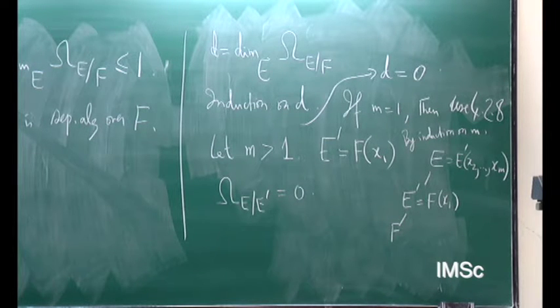So what I am assuming is that this is 0, and I am trying to prove that E is separable algebraic over F. This is what we are trying to do. By induction now on M. So this is the case D equal to 0. The case M equal to 1 was 4.2.8, and for higher M, I'm doing it now. This is the structure of the proof.